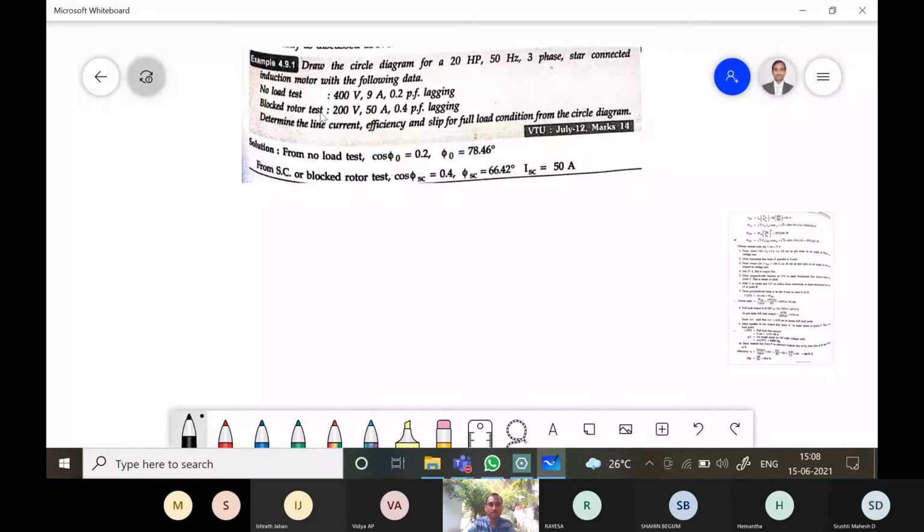Similarly, blocked rotor test detail is given: 200 volt, 50 ampere, 0.4 power factor lagging. Determine the line current, efficiency and slip for full load condition from the circle diagram. So write down this problem.